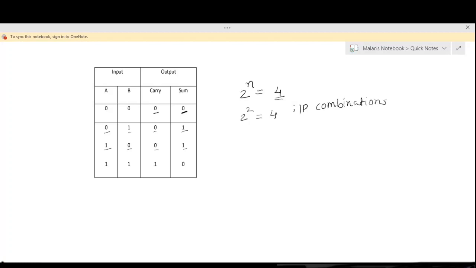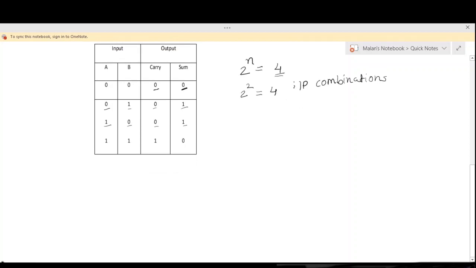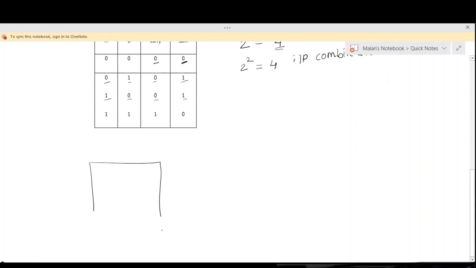Once you have drawn the truth table, you have to identify the simplified expression for the half adder. To simplify the Boolean expression, we use the K-map technique. Two variables are there, so I can use a two variable K-map. I can draw it like this.